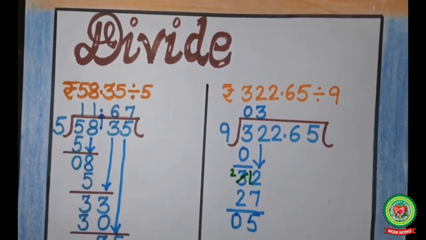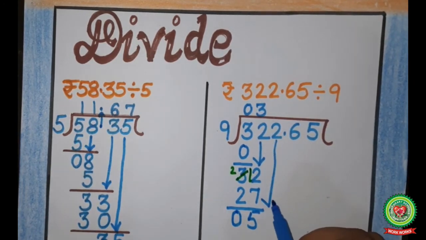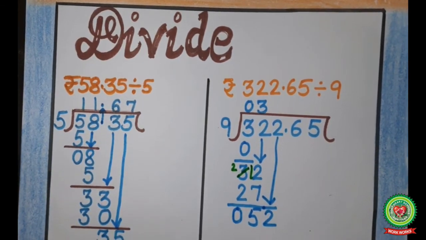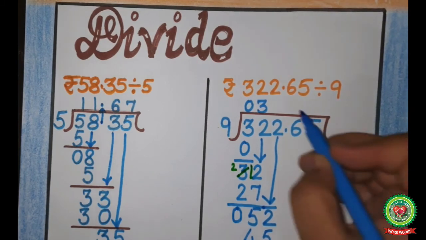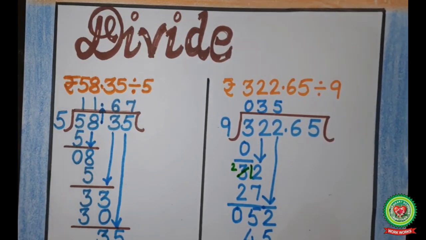Now next turn is of 2. So bring 2 down. Now on the 9 table, 52 comes? No. And the number that is less than 52 that comes on the 9 table is 45. And on the 9 table, 45 comes on 5. 9 fives are 45.